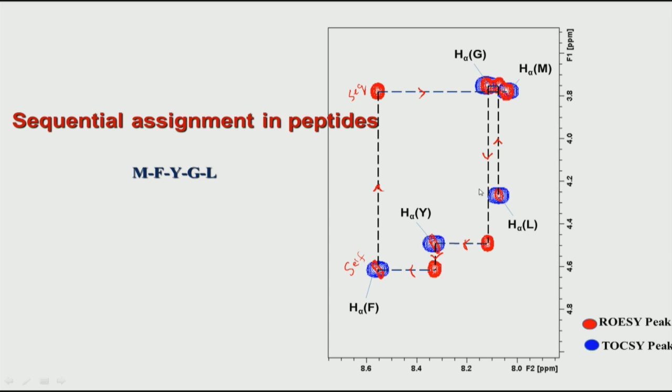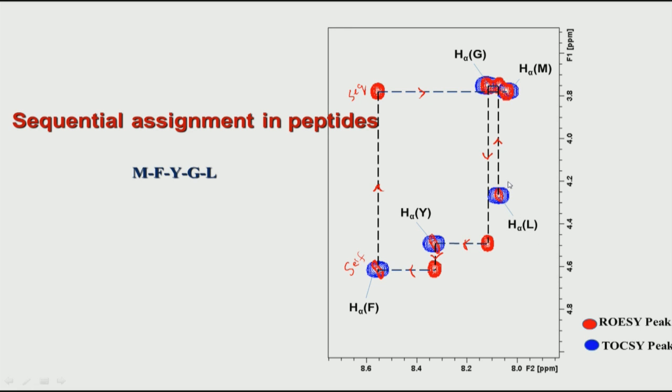Now, what you do next is take the value observed in your peptide and subtract the random coil value for that amino acid. For example, if you are looking at leucine, you take the H alpha of the leucine in your peptide, for example here it is 4.23, and subtract from it the random coil H alpha value of leucine available in the database.